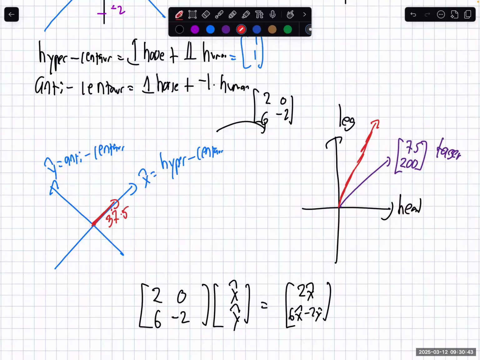So we know if we travel 37.5 units along this new x-axis, that brings us to 75, 225.